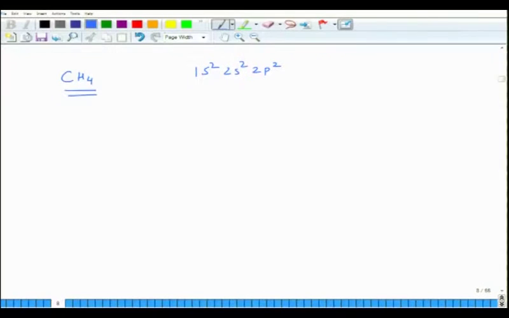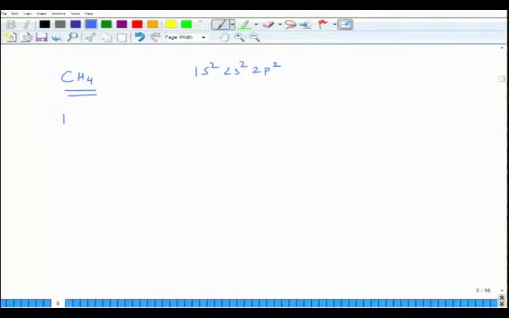The question is, why will it make 4 bonds? And how will the orbitals align with each other then? And the measured bond angles are 109.5 degrees. These are bond angles in this 4-fold coordinated structure.